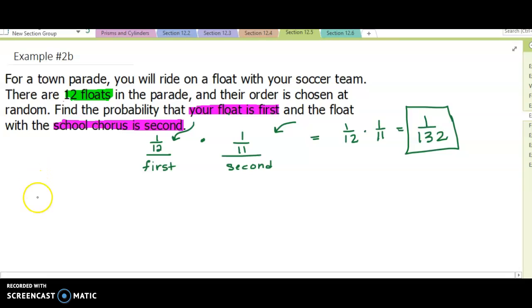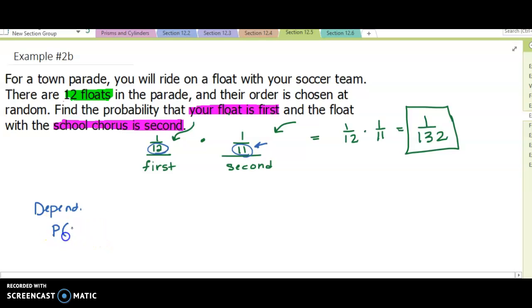Or I could do it by the formula we learned way back when. These are dependent because what happens here definitely depends on here, because notice there's 12 to pick from and 11 to pick from the second time around.